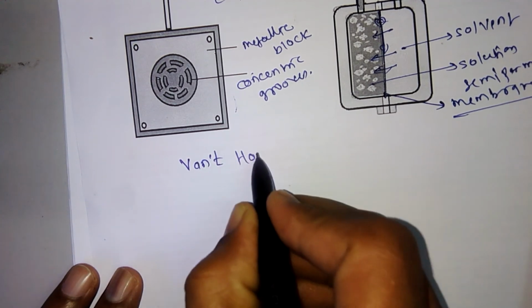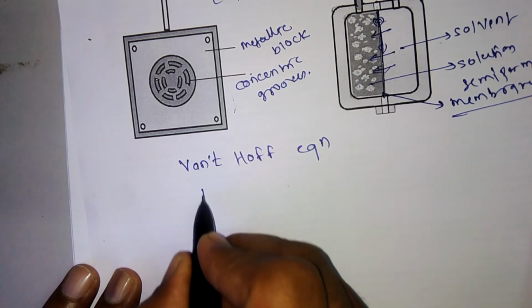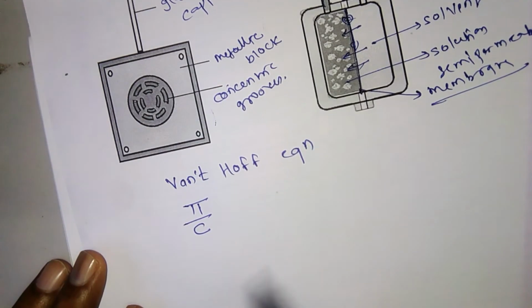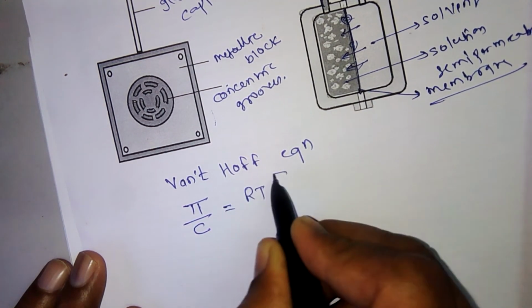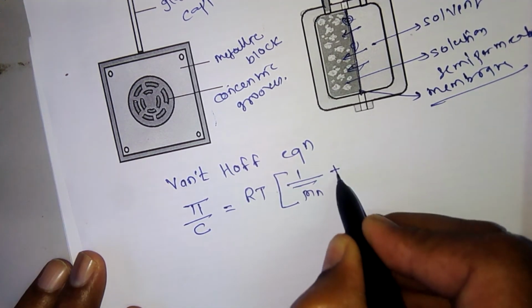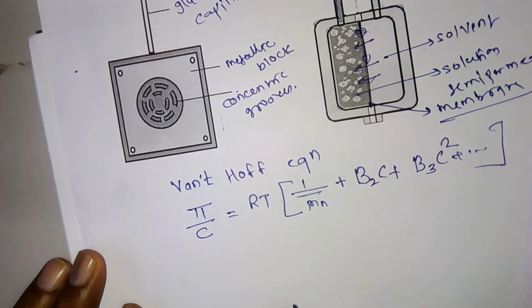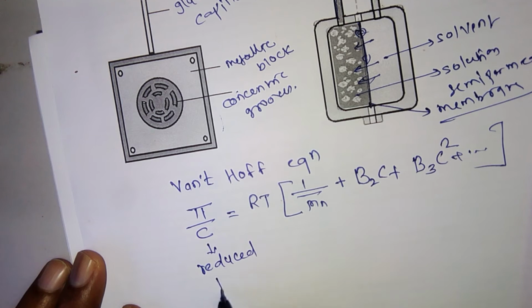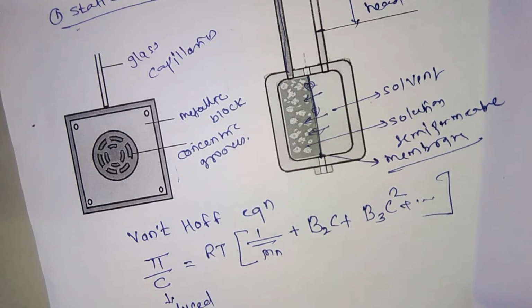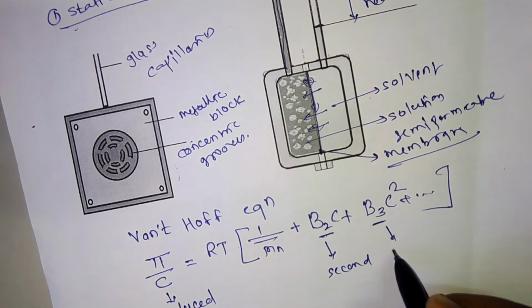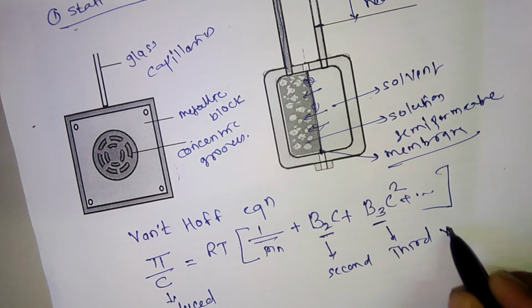It gives the relation for the osmotic pressure: pi by C is equal to RT into (1 by Mn bar plus B2C plus B3C square and so on). Here pi by C is known as the reduced osmotic pressure, and B2 and B3 are the second and third virial coefficients.